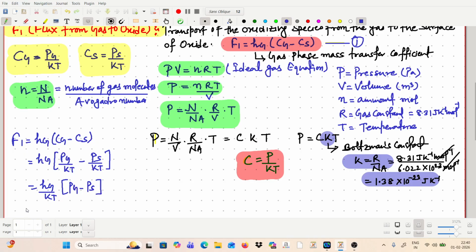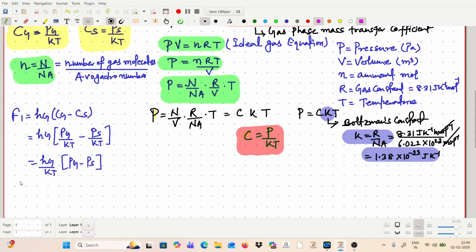Is it okay or not? Now we have written the concentration in terms of partial pressure, Pg minus Ps. Now again there is a very important theory, that is our Henry's law. So I am writing here.